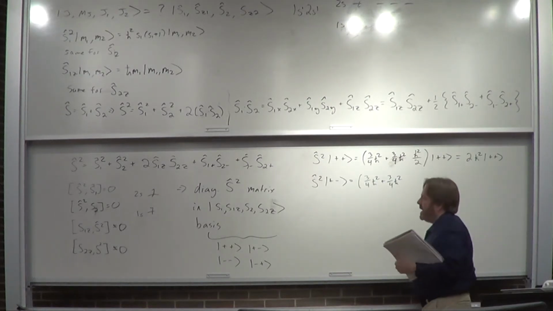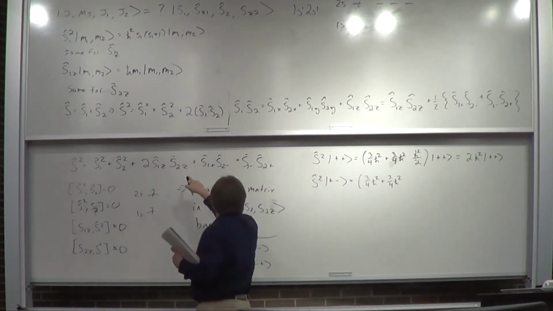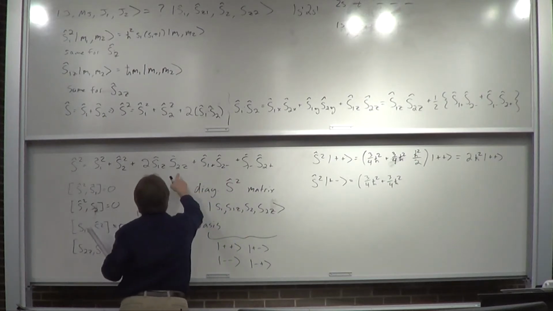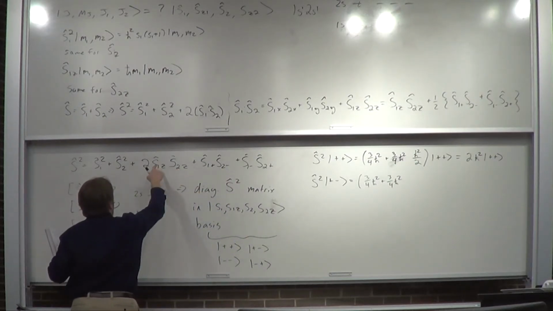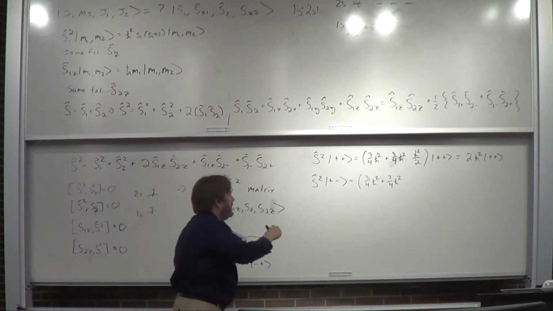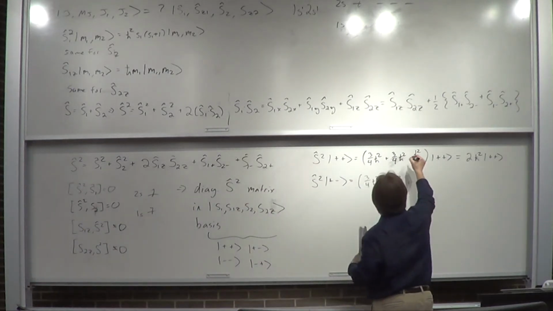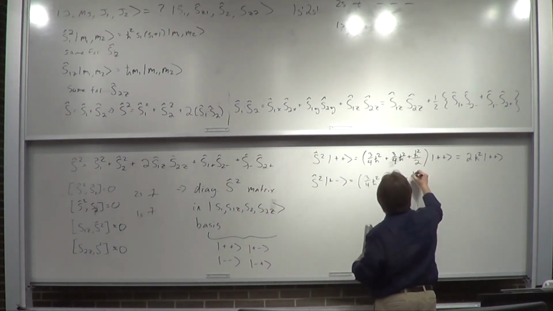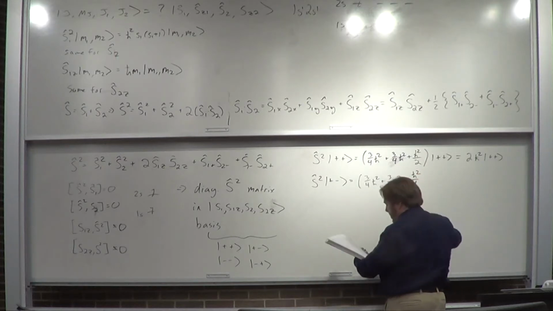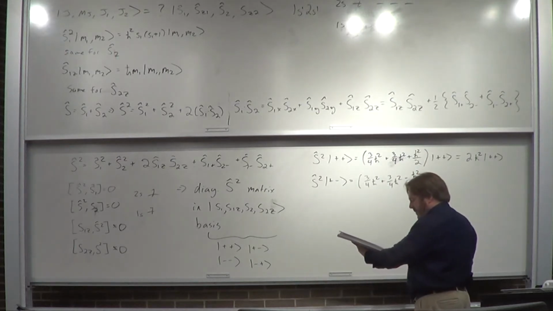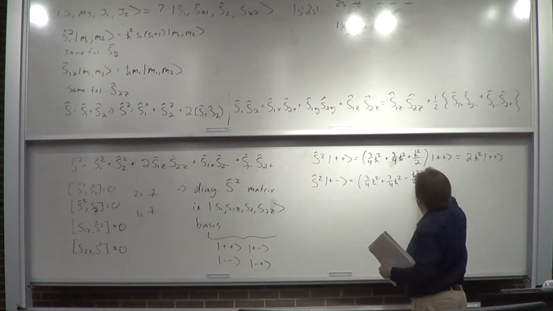Now, plus minus: minus h bar over 2 plus h bar over 2, so I'm going to get a minus h bar squared over 4 on this one. And I happen to know that's it.